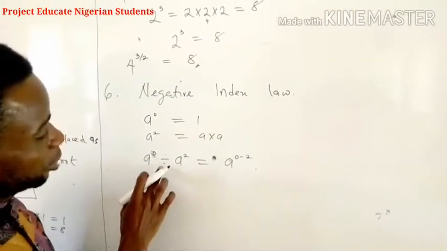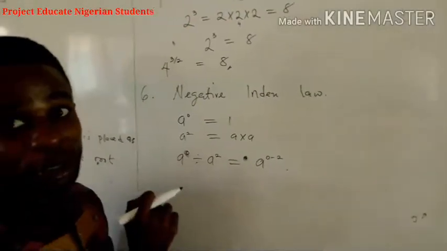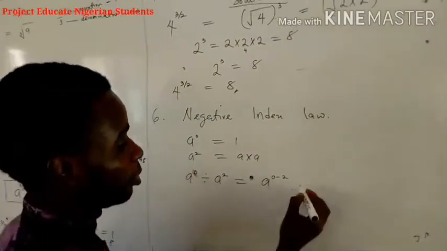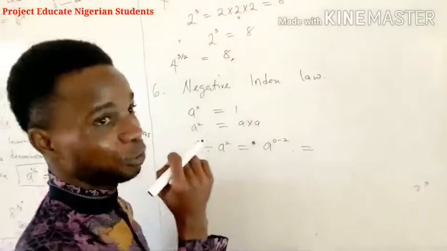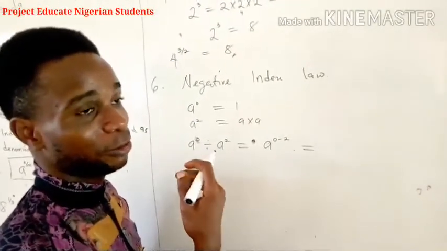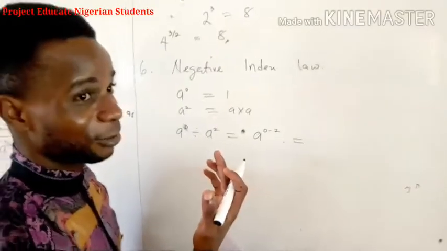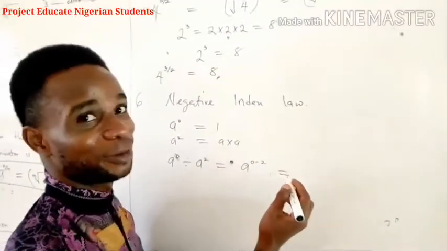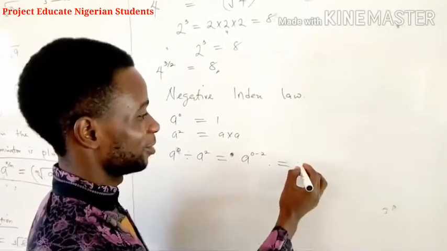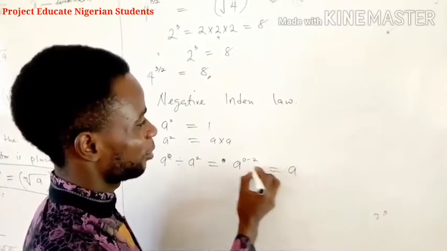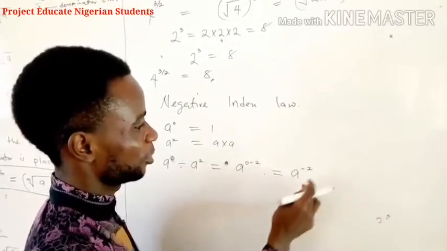Because here is division, so we have to subtract the power. What is 0 minus 2? It is minus 2. So a raised to the power of 0 minus 2 is a raised to the power of minus 2. So this is what we have.